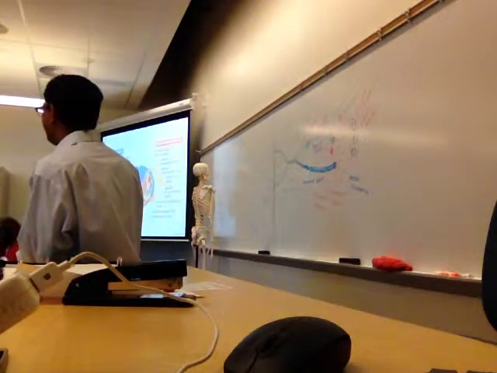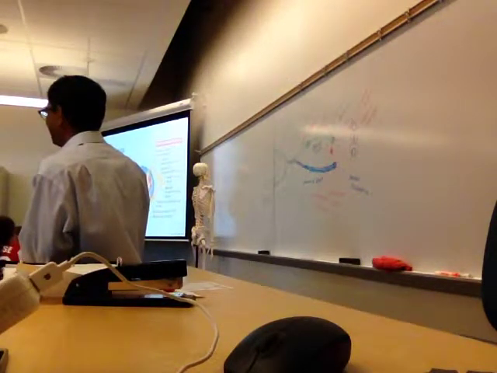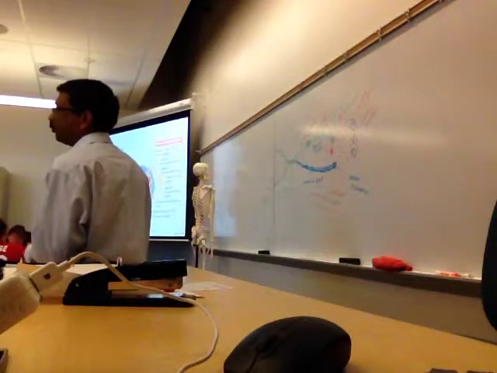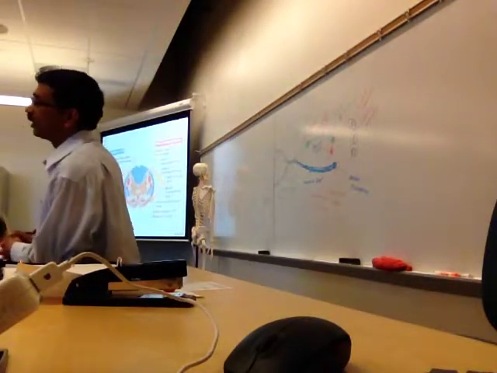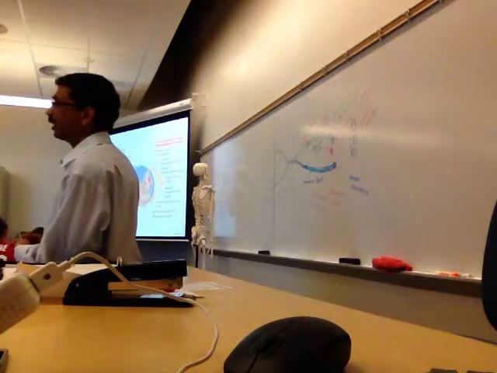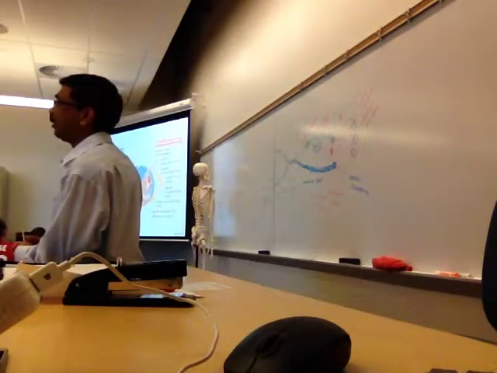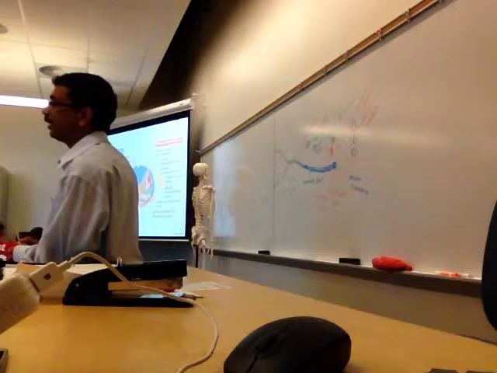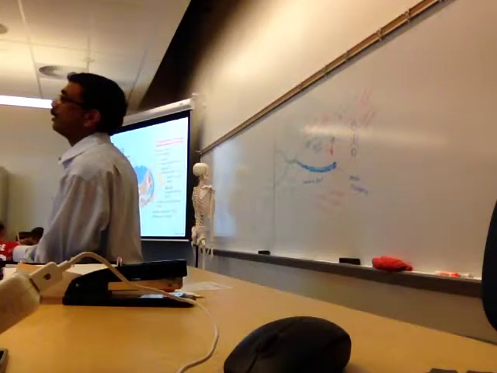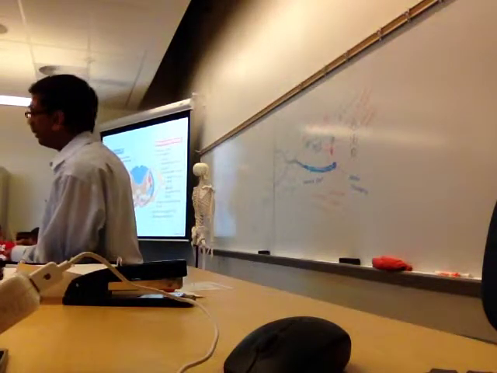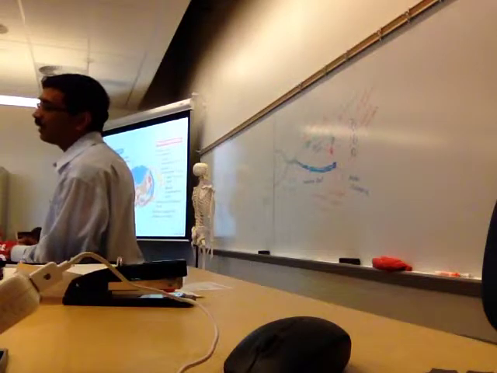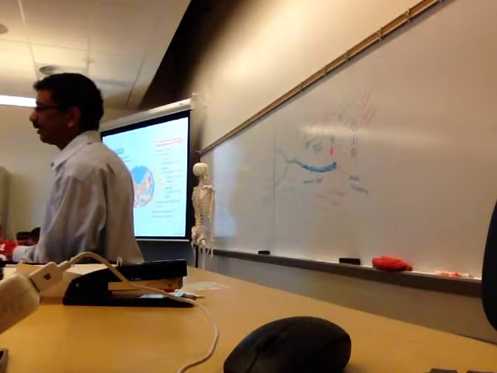Those two you won't be able to tell by looking at the names. You have to remember. Okay? So four important ascending or sensory tracts I have mentioned: spinothalamic, spinocerebellar, then the fasciculus gracilis and fasciculus cuneatus.